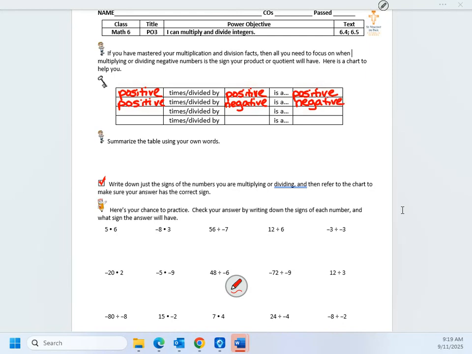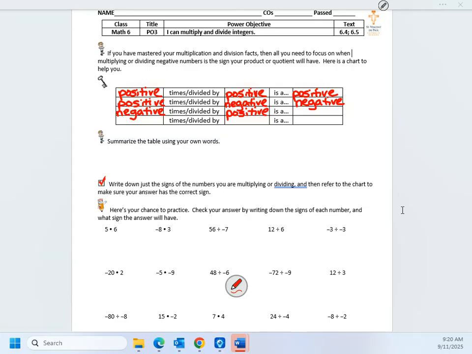Same goes if we reverse it. If we have a negative number and we multiply or divide it by a positive number, they are not the same. Positive times negative, negative times a positive. What do you think our answer is going to be this time, Rhoda?